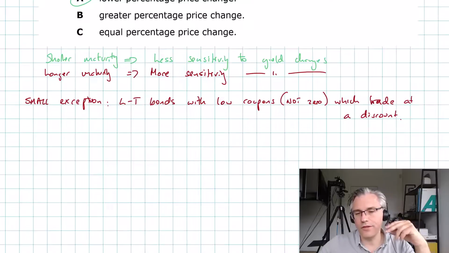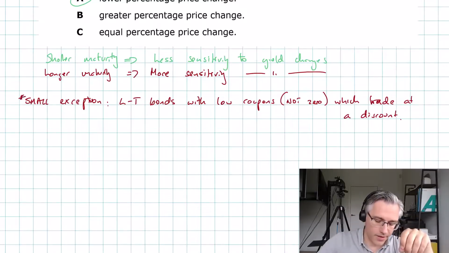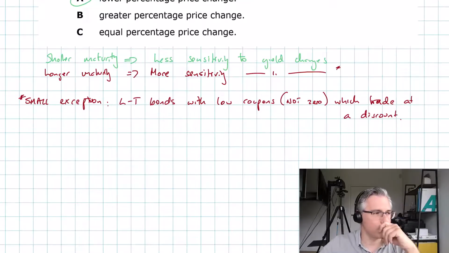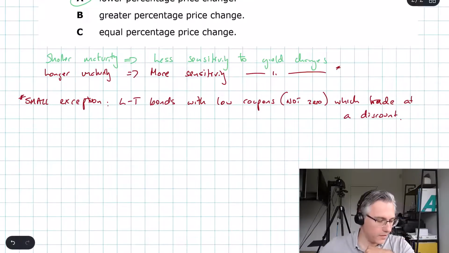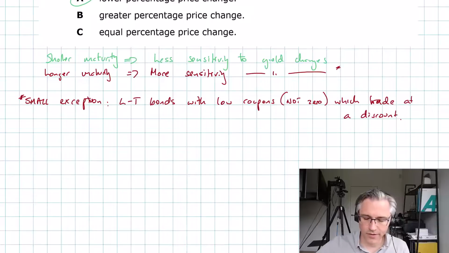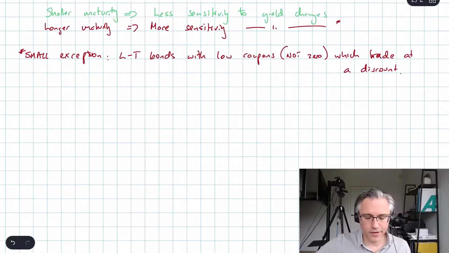These ones will not necessarily be more sensitive than a shorter term comparative instrument, but that's an exception, it's very obscure. Don't worry about it too much.